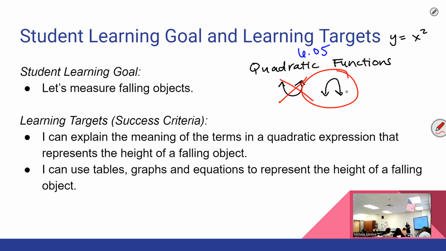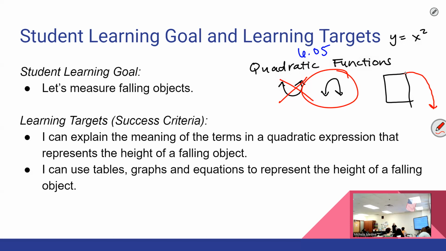It's going to be more so this type. Because this could be like you throwing a ball and someone catching it, or you dropping something off a building, like what we talked about today. So if I drop something off the building, it follows more of a pattern like this, but maybe more like half of the U. Okay, so that's why we're doing it.